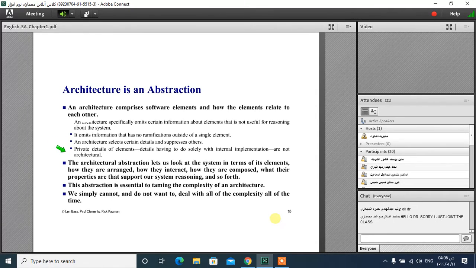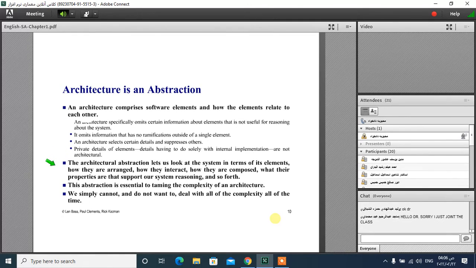The private details of elements, the internal details, the details that solely have to do with internal implementations are not architectural. So when we are designing the architecture, we don't consider those internal details. We will omit them and leave them for the next steps.